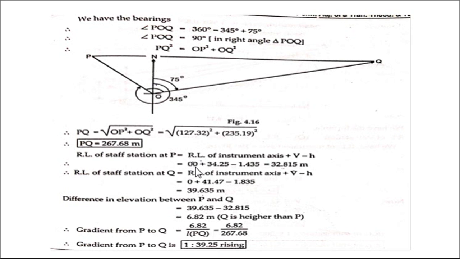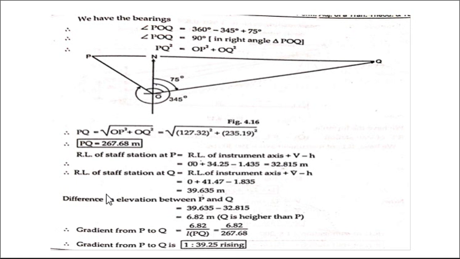So RL of P is equal to RL of the instrument axis plus the vertical distance V, minus the central hair reading for the first position: 34.25 minus central hair reading 1.435. So we will get RL of P as 32.815. Okay.